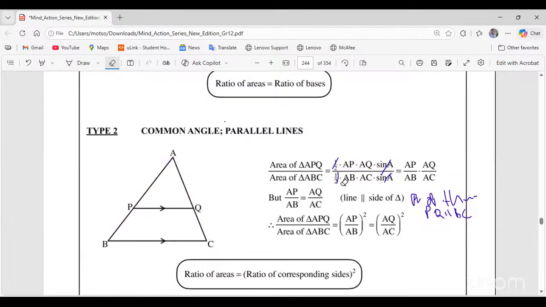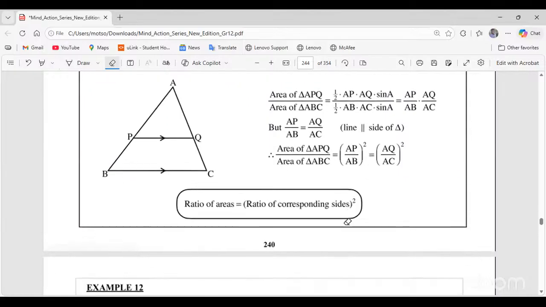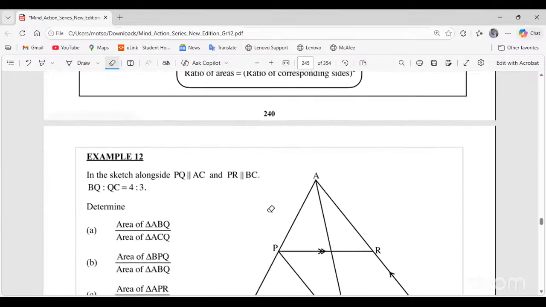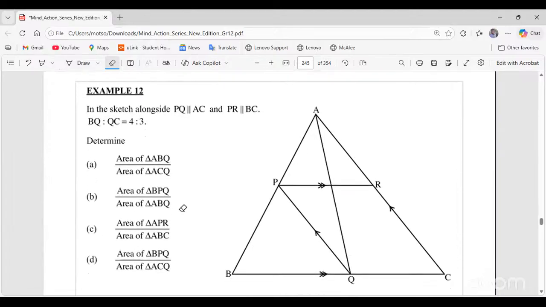Yes, I hope this makes sense, but just to ensure that you guys are comfortable with what I just said, let's have a look at this example 12 here, where I will only look at the first two, A and B. I will explain A and B, emphasizing what we just talked about on top.